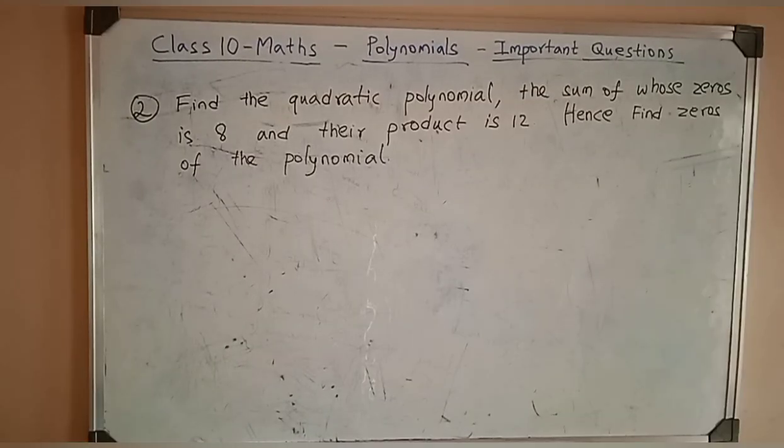So the next question: find the quadratic polynomial, the sum of whose zeros is 8 and their product is 12. Hence find zeros of the polynomial. So here we have two parts in the solution. First I have to make a quadratic polynomial for the given values, and then I have to find the zeros of the obtained polynomial. Let us find the first part.